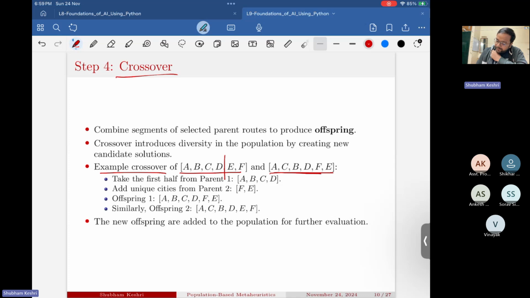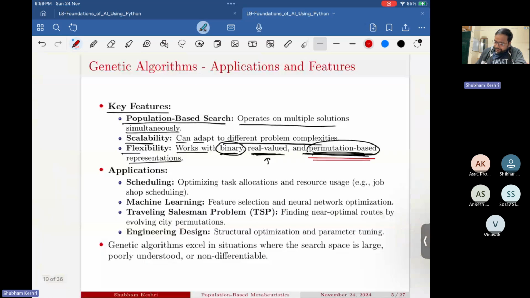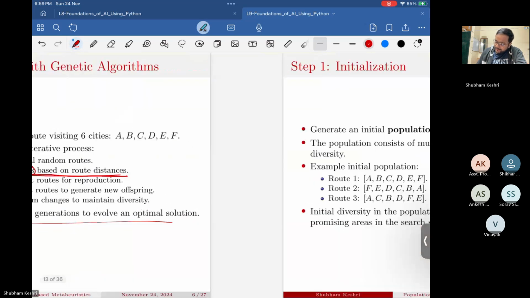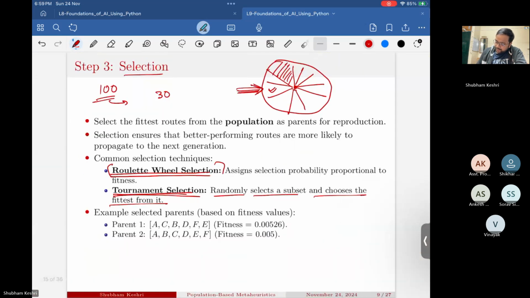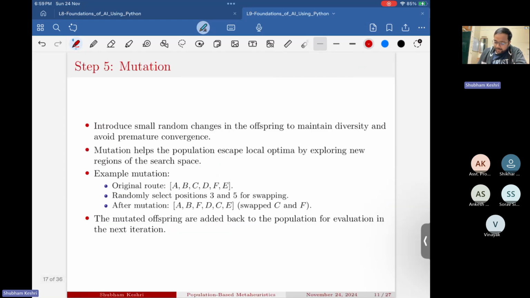So we will remove A, C, D, B, and then we have F, E. So the offspring will become A, B, C, D, F, E. The second offspring is also selected in a similar way. So the new offsprings are selected to become the next individuals.